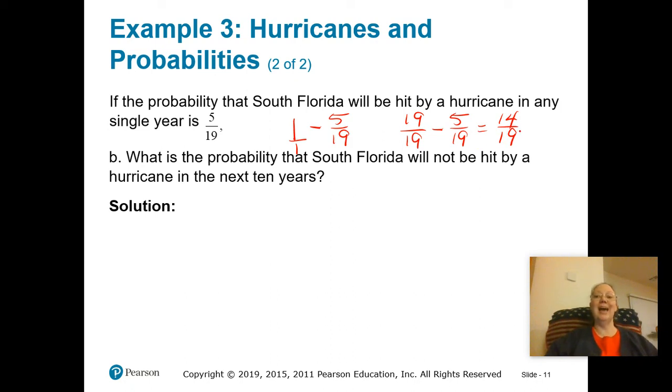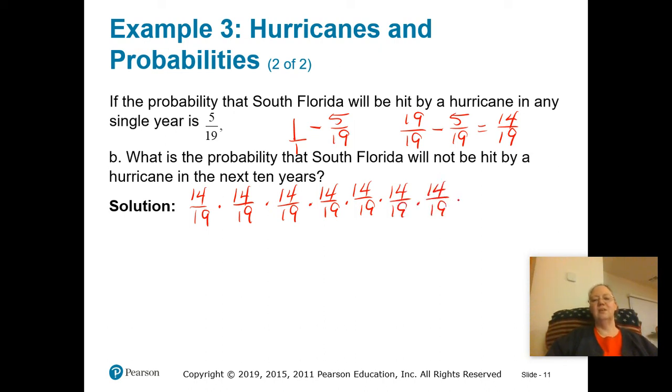But we need for it to not happen for 10 consecutive years. So we need 10 of these. 1, 2, 3, 4, 5, a lot of them, 6, 7, 8, 9, and 10.